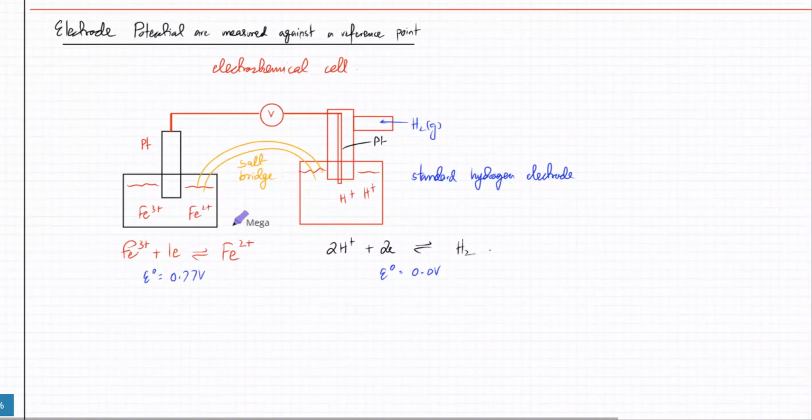So what's the purpose of the salt bridge? That is another question. So let's bring in some physics. This one is 0 volts, so that's your lower potential. And this one is higher compared to the reference electrode. It's 0.77 volts, right? So which electrode is the higher one? It's this one. Now you have a potential difference between the two electrodes.